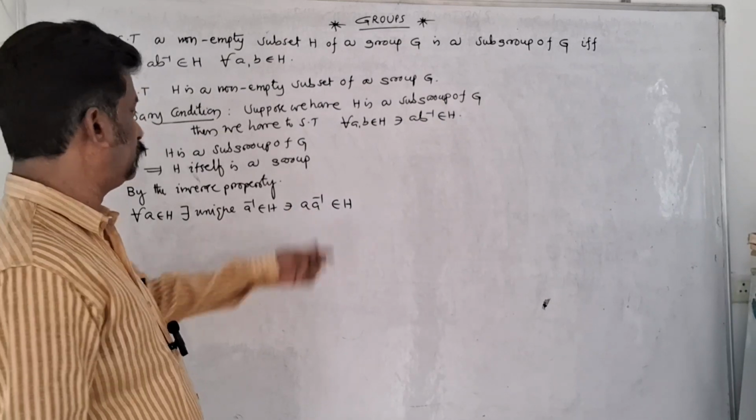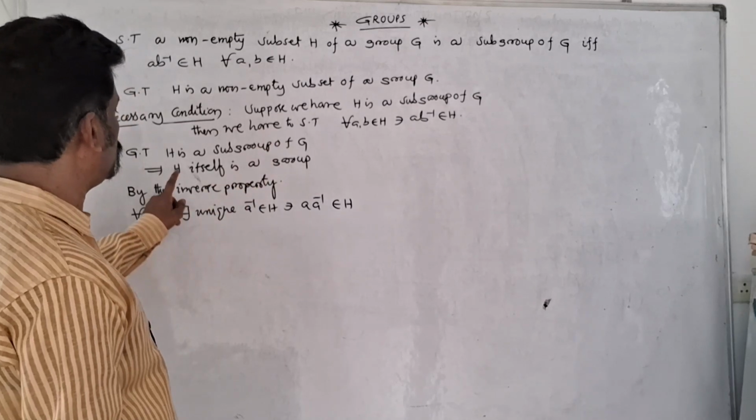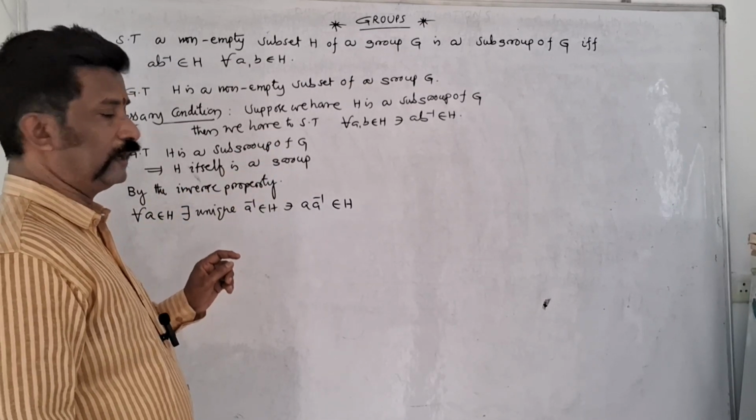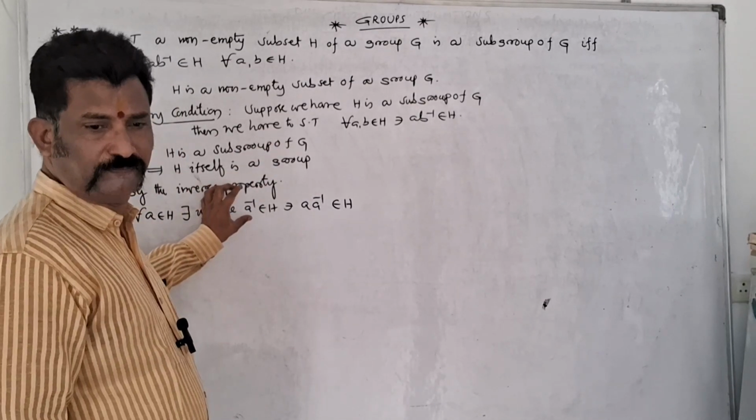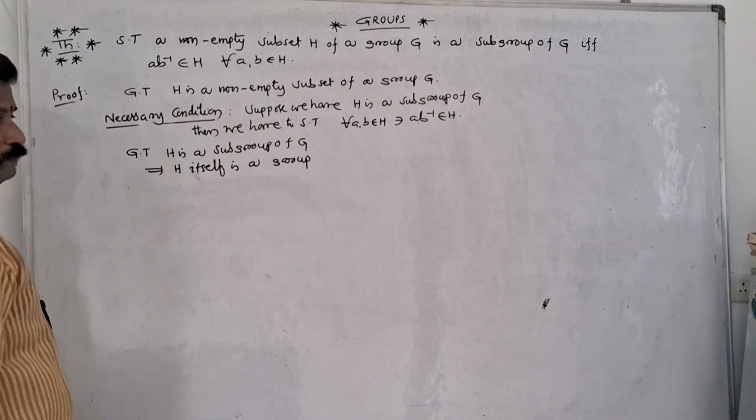So here, given that H is a subgroup of G, that implies H itself is a group. Actually, this one is not needed. The simple property is that H itself is a group.